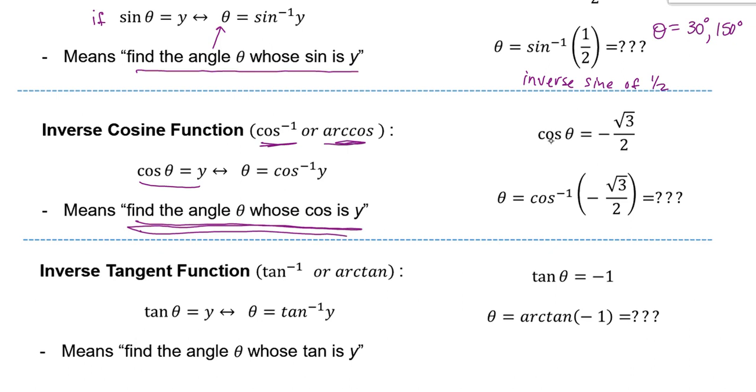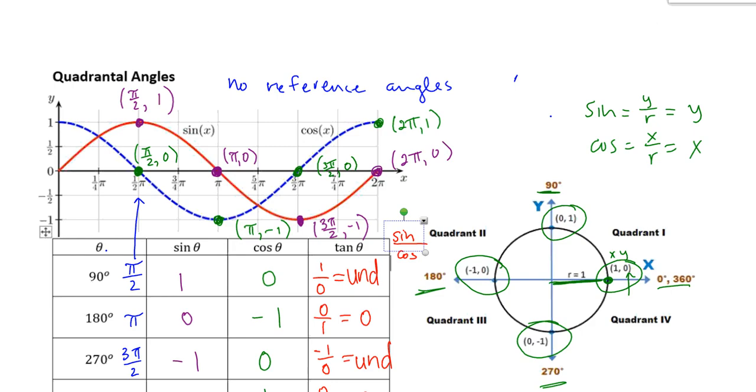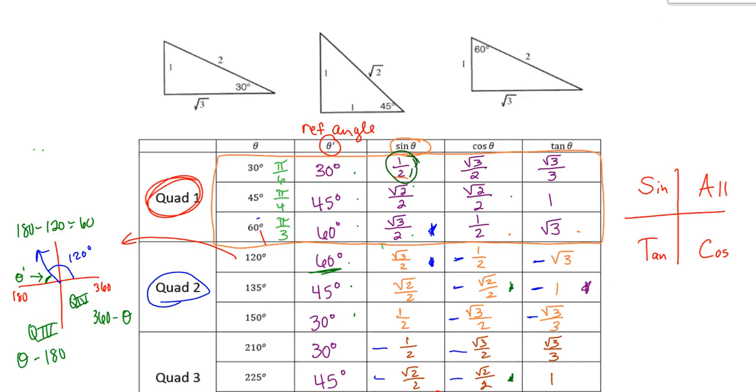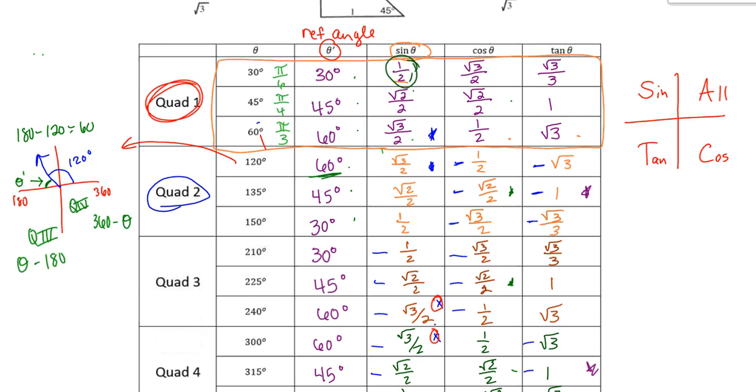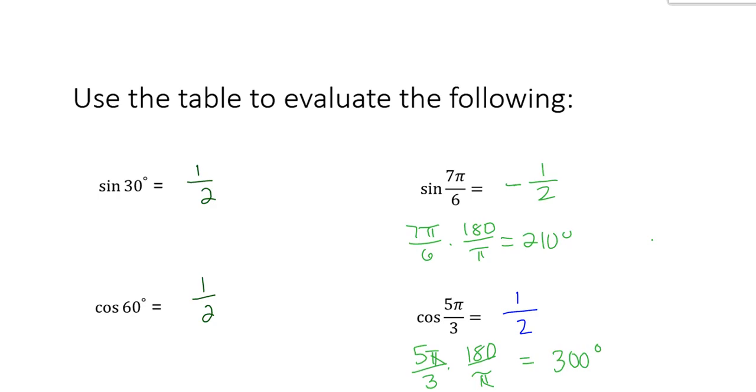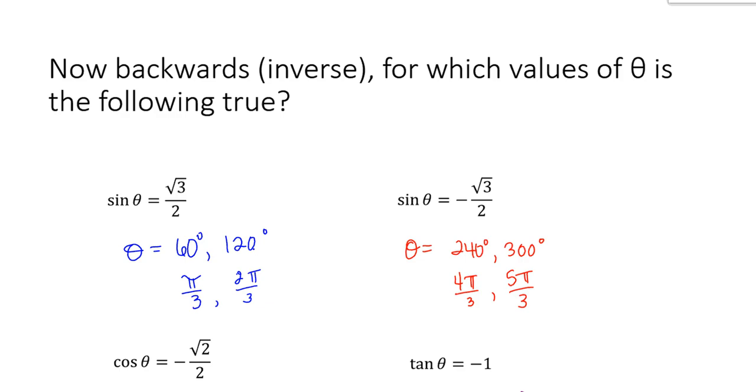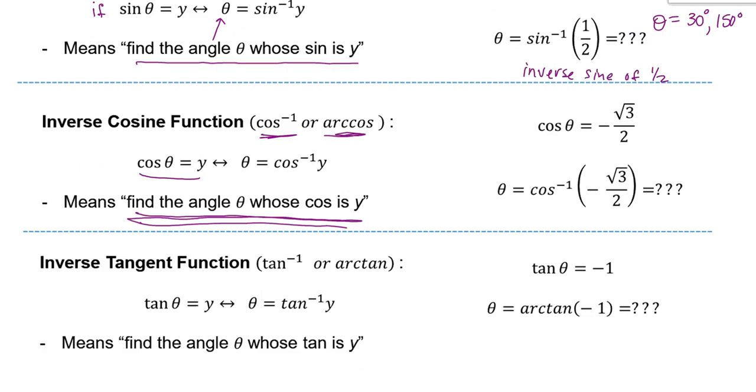For example, if I tell you the cosine of theta is negative square root of 3 over 2, back in our little table, I need to figure out what the theta was that made it negative square root of 3 over 2, like we were just doing. So 150 and 210. This one said theta was 150 degrees or 210 degrees.